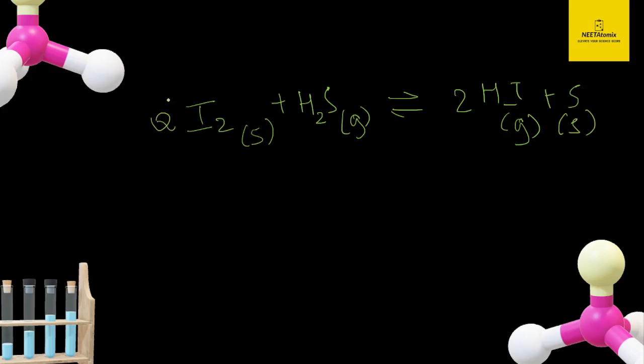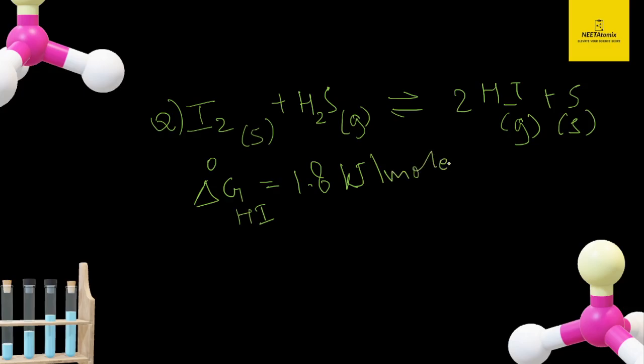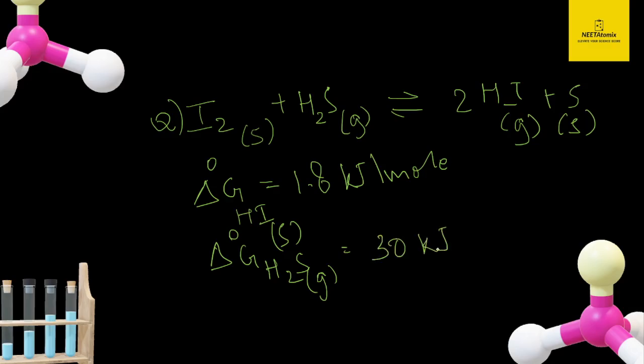For this question, they gave delta G naught, the standard Gibbs free energy change, of HI as 1.8 kilojoule per mole. They also gave delta G naught for H2S gas as 30 kilojoule per mole. So we have to find the delta G naught of the reaction.